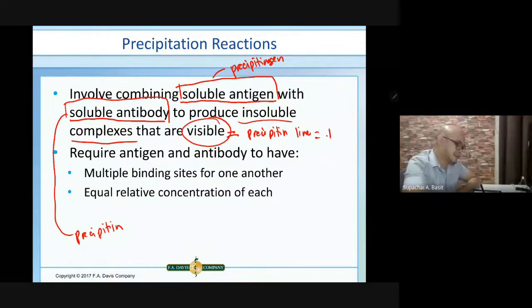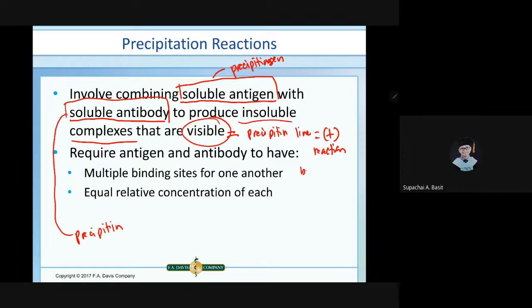So a precipitin line is a positive reaction and it indicates the binding between a soluble antigen and a soluble antibody. So that's the positive reaction in precipitation reaction. So, what are the requirements?